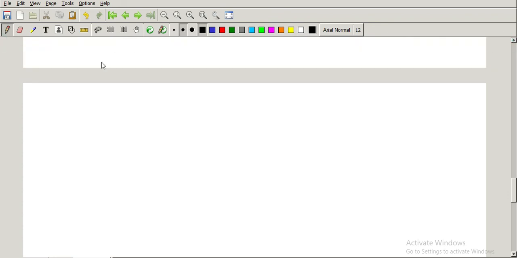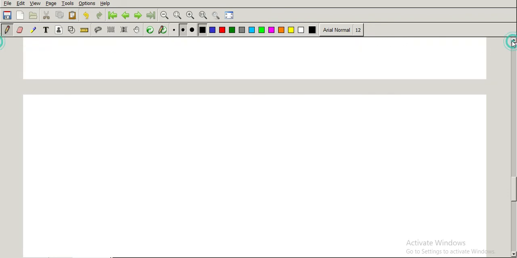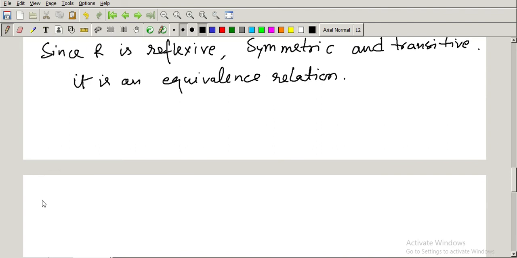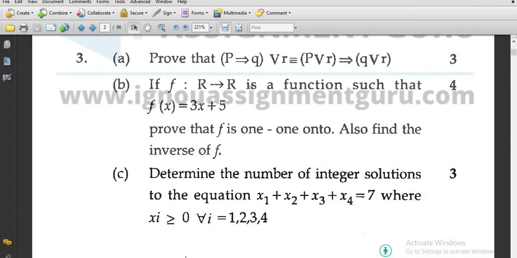This is your question 3: prove that if P then Q, or R, is equivalent to P or R, then Q or R. Don't confuse this with the other symbol. Prove that these two, left hand side and right hand side, are equivalent.